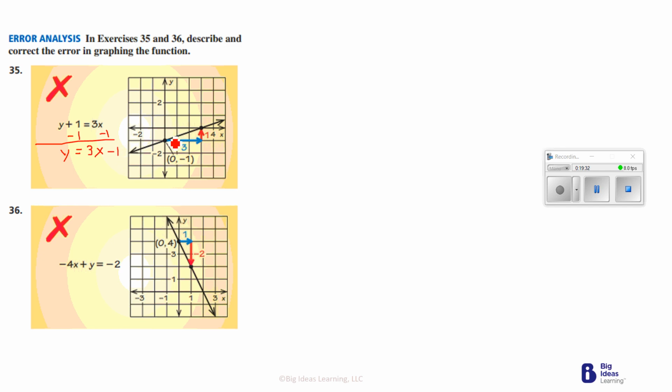That means I'll start at negative 1, and it looks like they did that right here, negative 1. But it says I got a slope of 3, which means I'll go up 3 and over 1. 1, 2, 3, and over 1 would be here. Their error is they went over 3 and up 1. That's not what you do. My slope should look more like this.